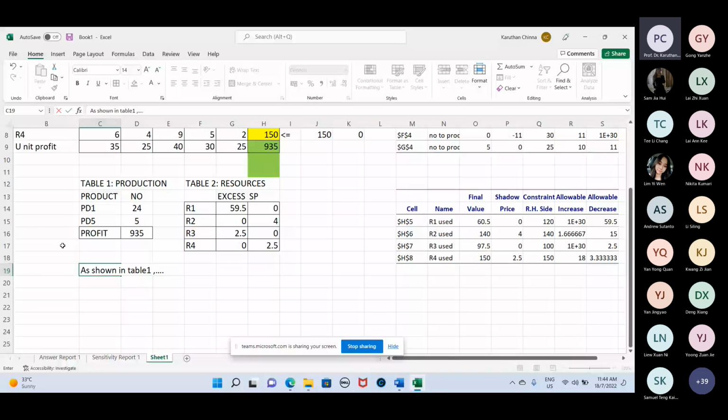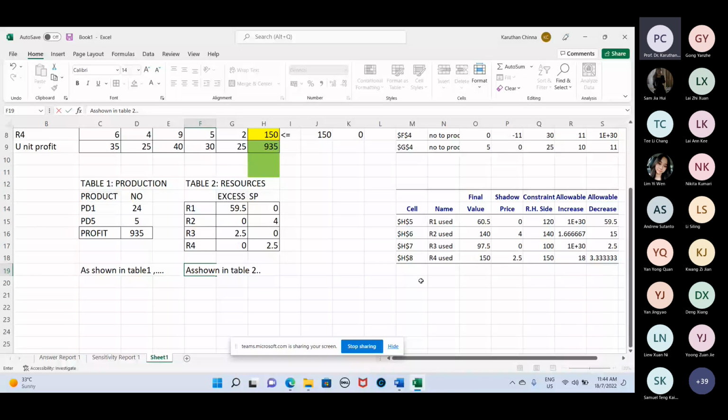Here, as shown in table 2, what are you going to say? Resources 1 and 3 are in excess of 59.4 and 2.5. The shadow price, resources R2 and R4 are completely used.